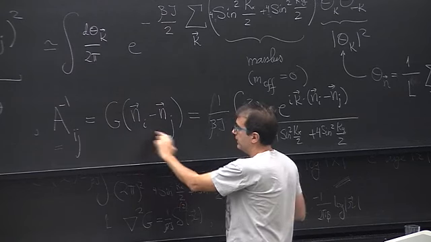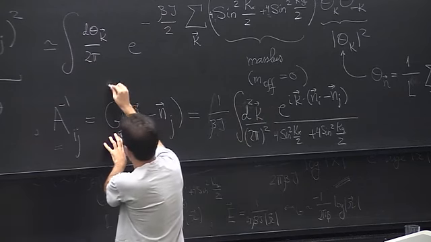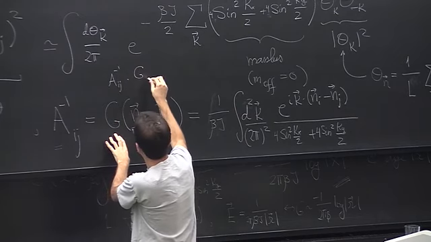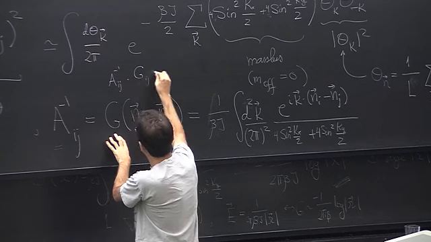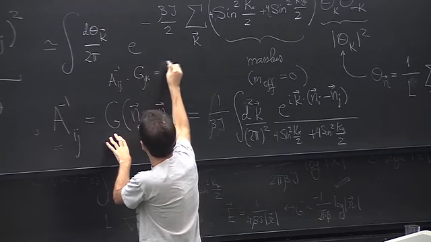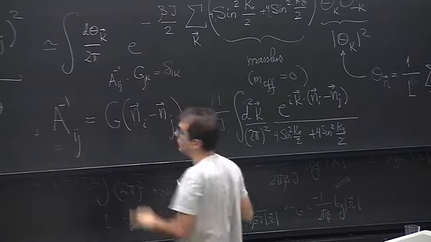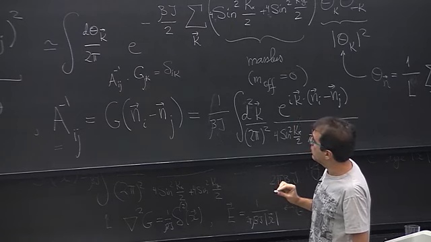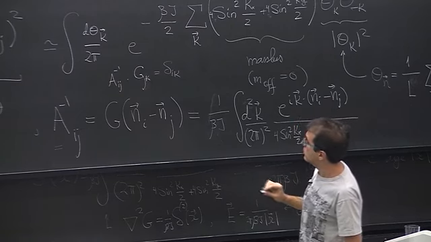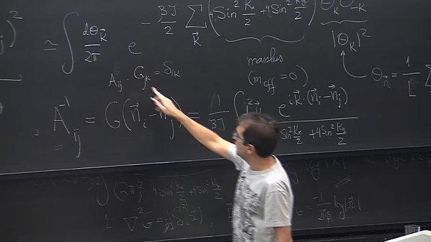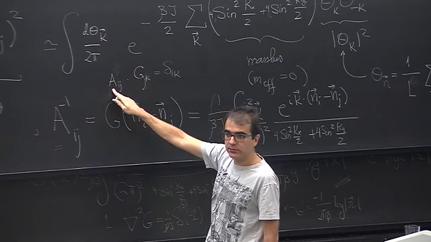So this propagator obeys the equation that A inverse ij times this propagator between sites j and k is delta ik. Should that be A ij rather than A ij inverse? Sorry, good point, yeah.